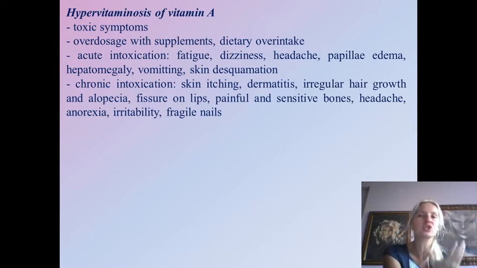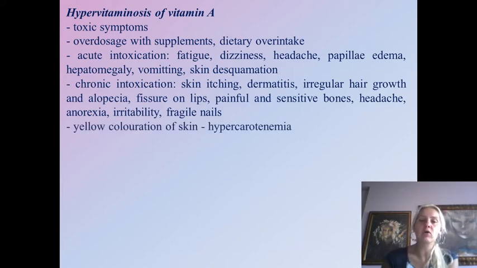Some of those are general symptoms of chronic intoxication with numerous compounds, but some of those are pretty specific. And one more symptom of hypervitaminosis is the yellow coloration of the skin called hyperkeratonemia.